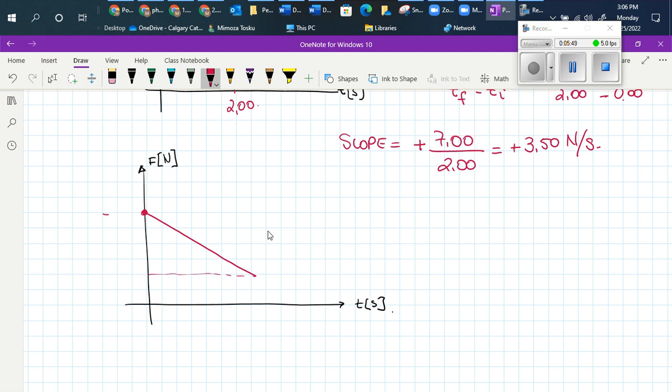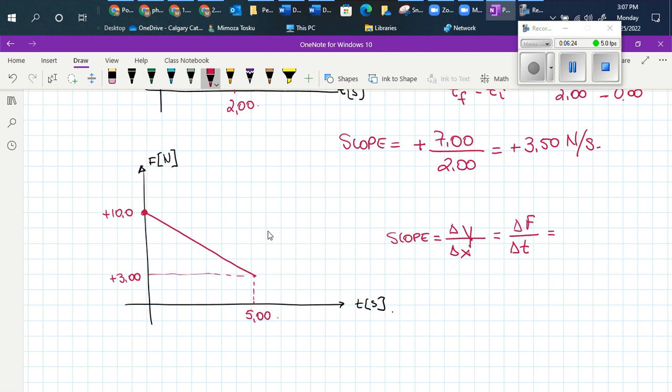It starts at positive 10 newtons and ends at positive 3 at 5.0 seconds. Then the slope again doesn't change. The slope will be again delta y over delta x, and when we say y in math, it is whatever is on the vertical. So the change of force over the change of time.